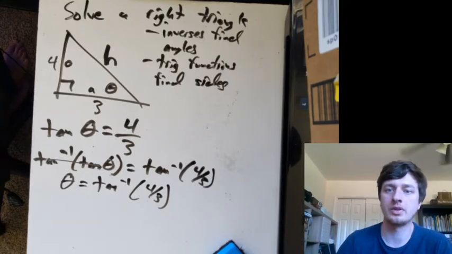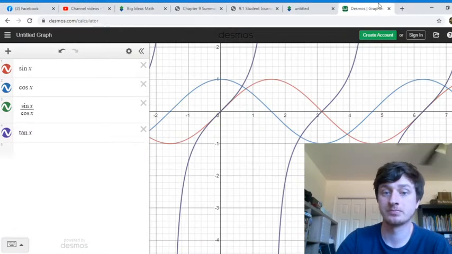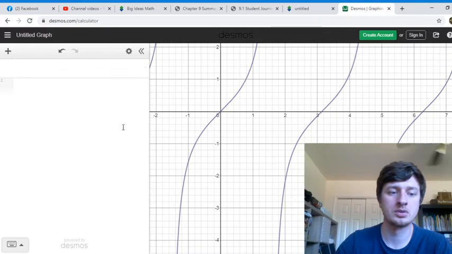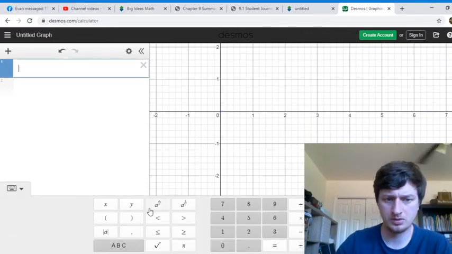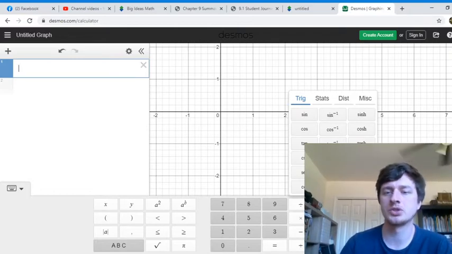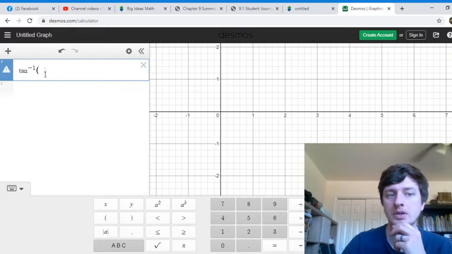So to solve that, we would go to Desmos. And we're not going to use these things. We're going to use a little keyword to do that. Inverses, functions. If you click functions, which is hidden by my picture here, all the trig functions show up, and we don't have to type tan with a -1 like that.